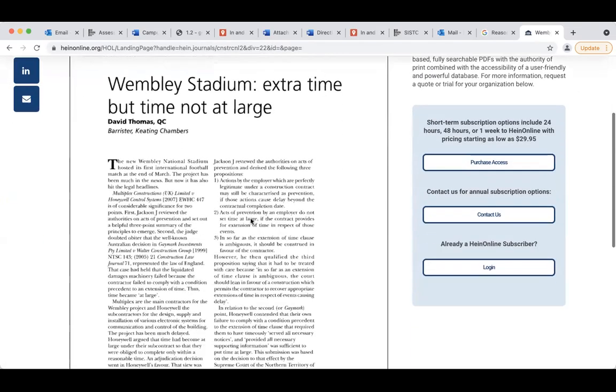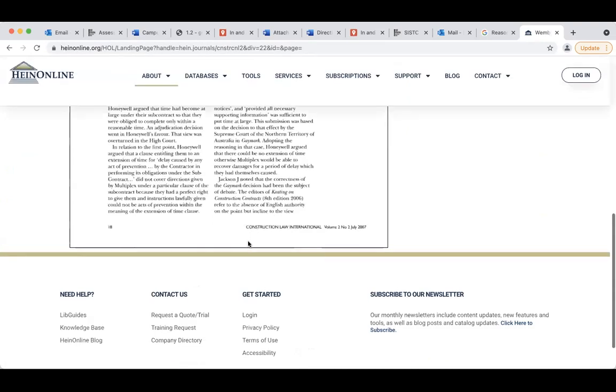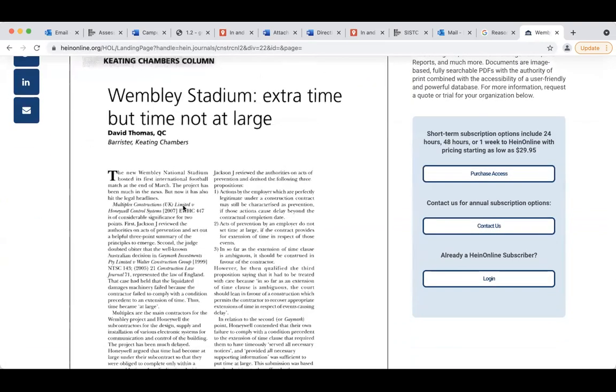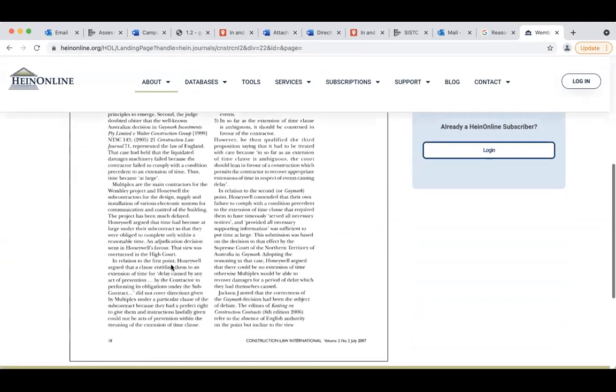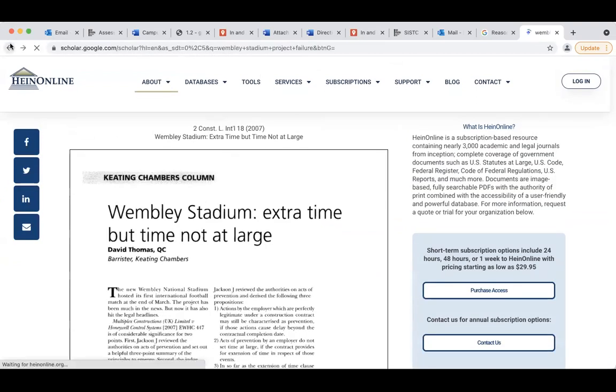You can see the Multiplex Centric Limited main contract. Okay, first Honeywell argued that the clause entitling them to an extension of time for delay caused by an act of prevention by the contractor in performing its obligation did not cover direction. So basically, this is more about argument.